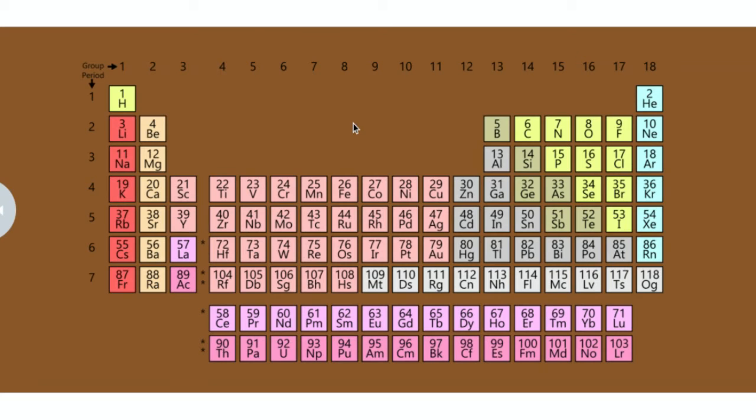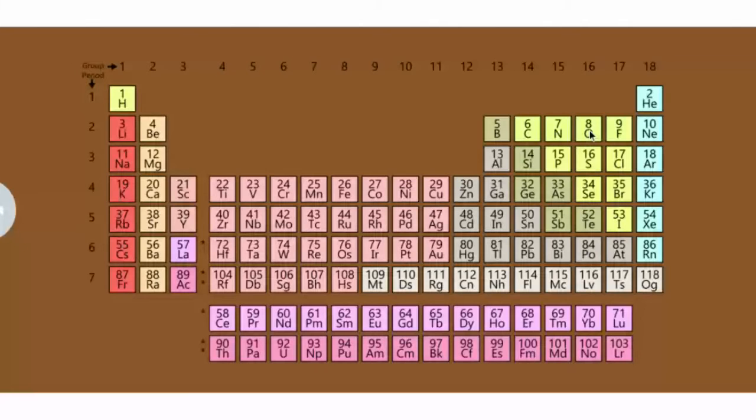So the periodic table is a very powerful way to organize the information in chemistry. If an element is in the same column, it'll have very similar properties. So oxygen and sulfur and selenium and tellurium, what's similar?